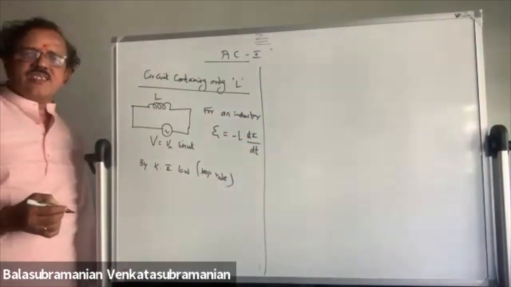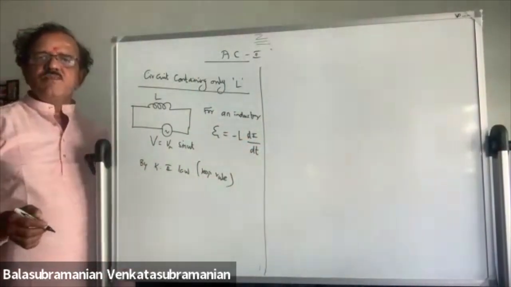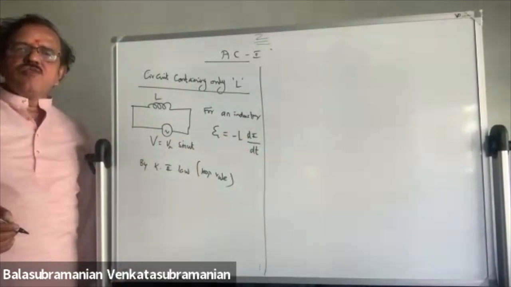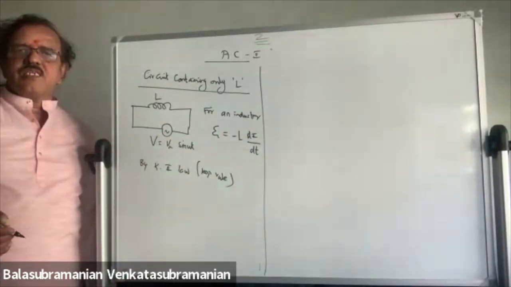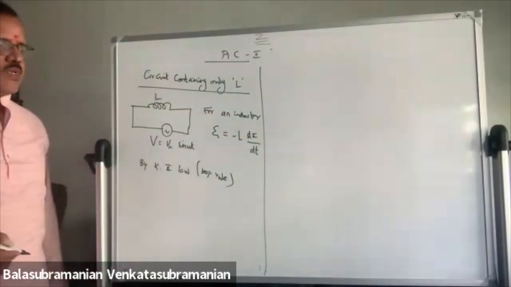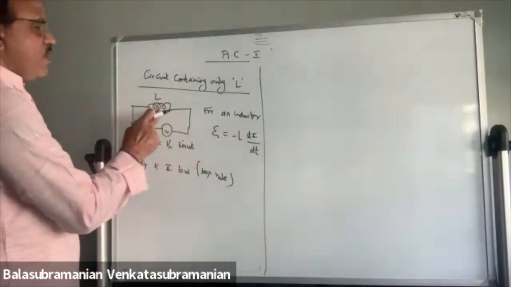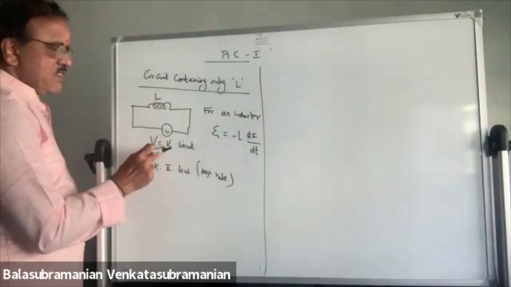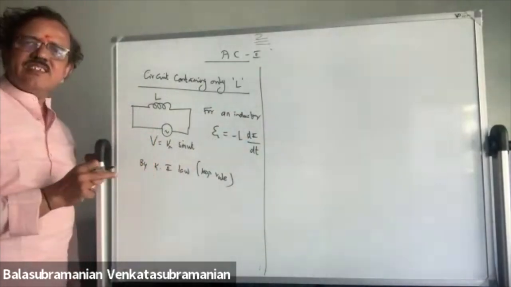In self-induction theory, we have studied that psi is the induced EMF, equal to minus L into di by dt. So this is the EMF for the inductor, and this is the voltage for the AC generator.